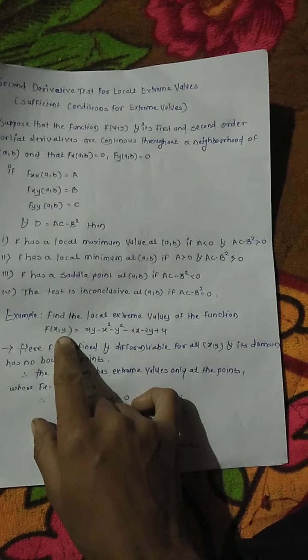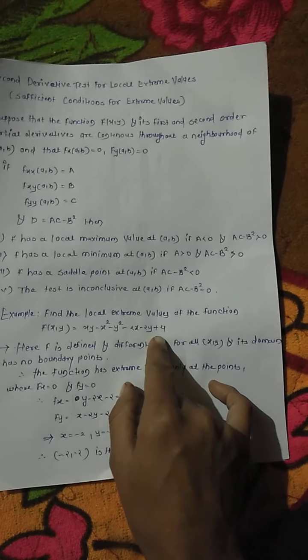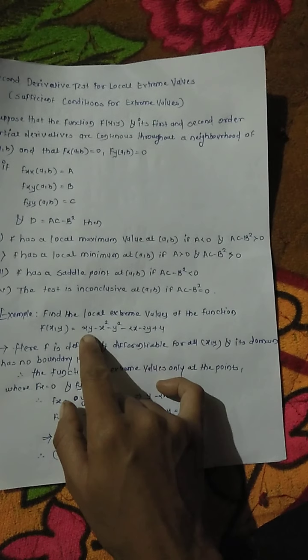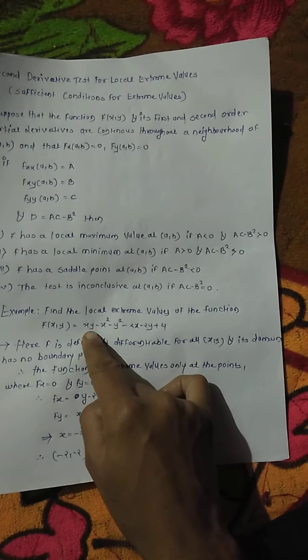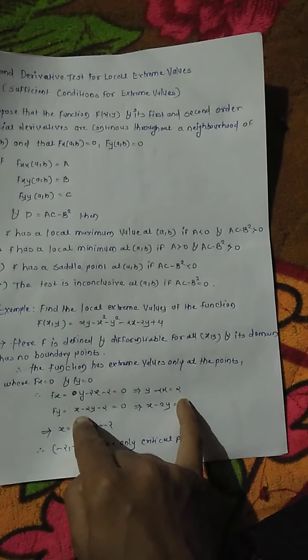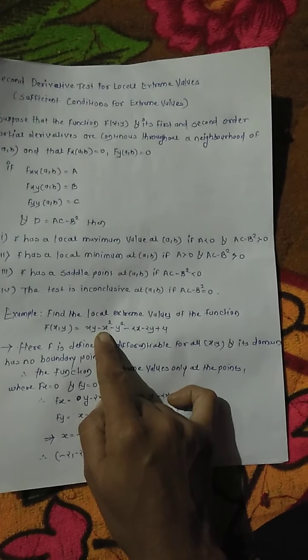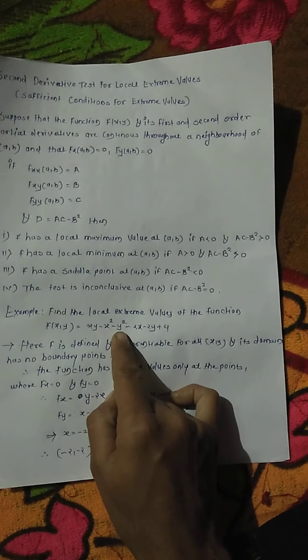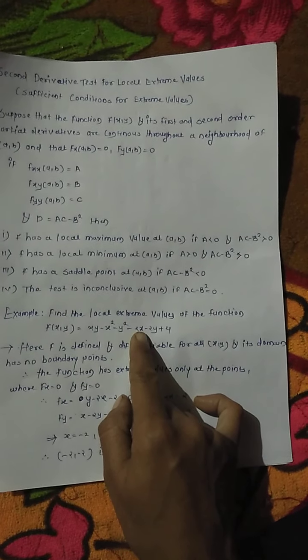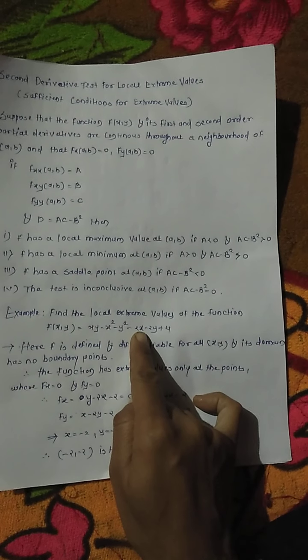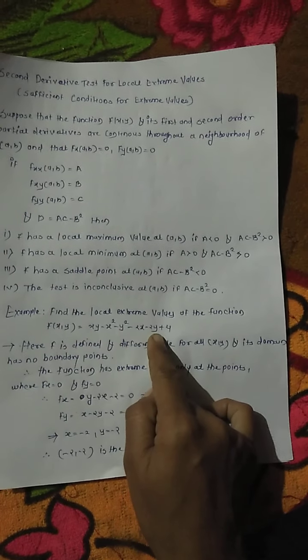Next, taking the derivative with respect to y, we treat x as constant. So the derivative of xy is x, since x is constant. The derivative of x square is 0 because it is constant.